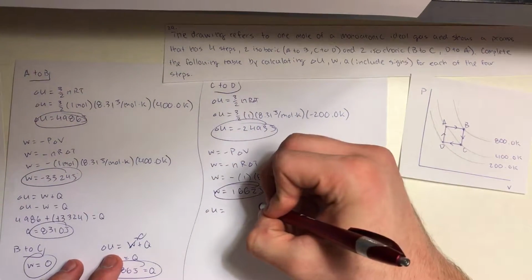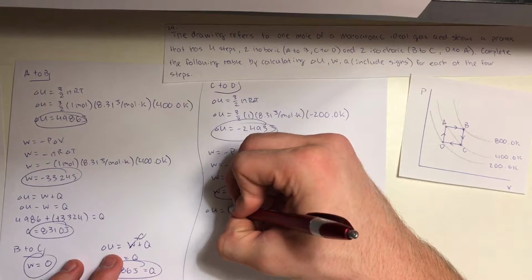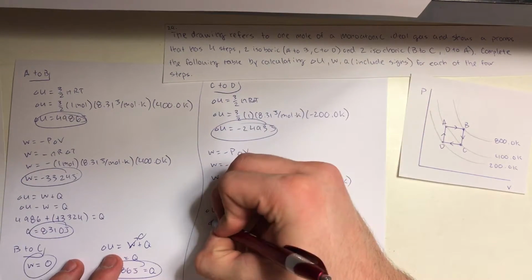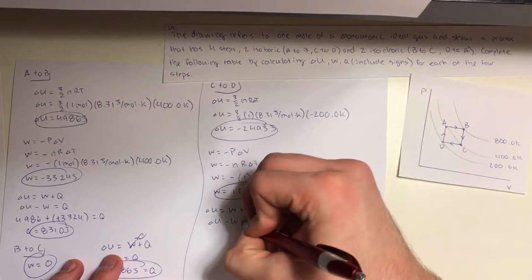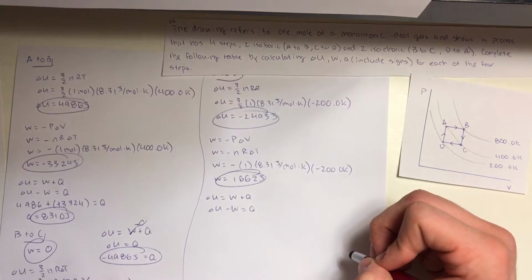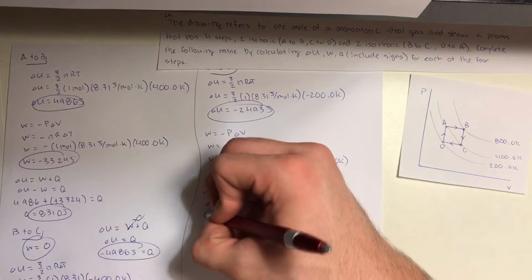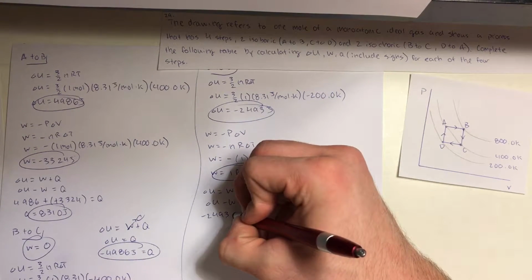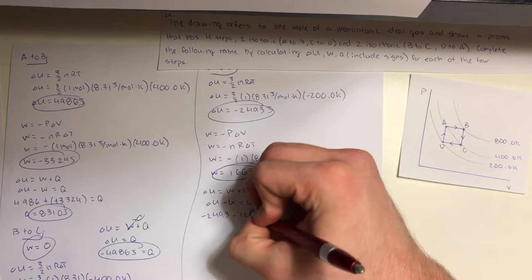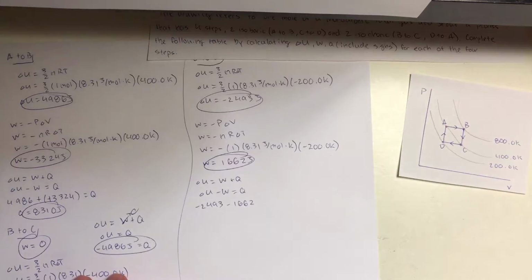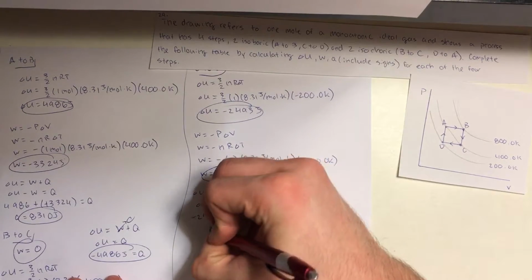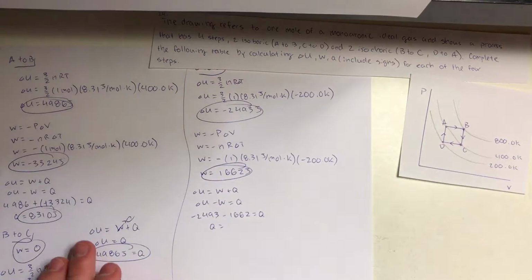Change in internal energy is work plus Q. We have work, internal energy, internal energy minus work equals Q, negative 2493 minus that little guy there equals Q. Let's see what it equals.